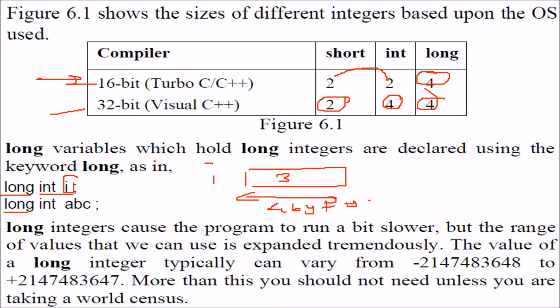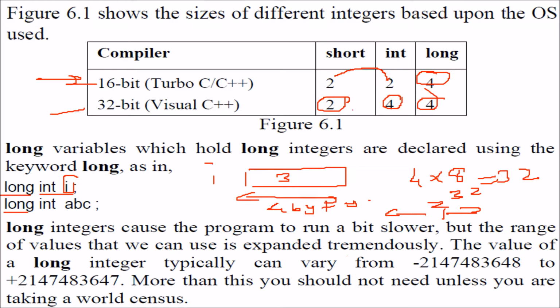But please understand, if the size is higher, the program will be a bit slower. Because this is 4 bytes, and 4 bytes means 4 into 8 bits, that is 32 bits. So the range goes from 2 to the power 32. You take half of this on the negative side, half on the right side.